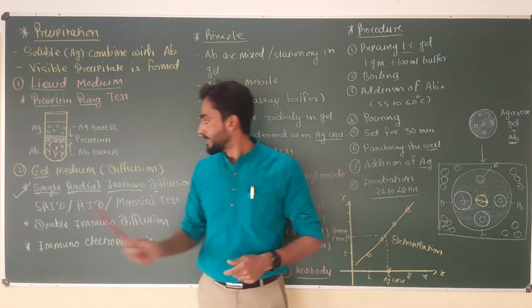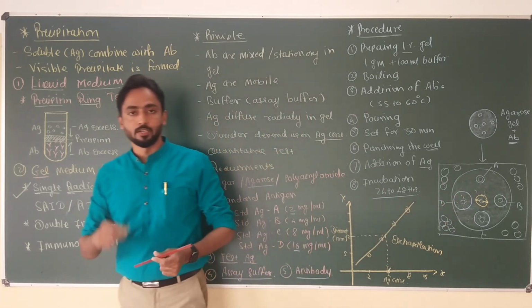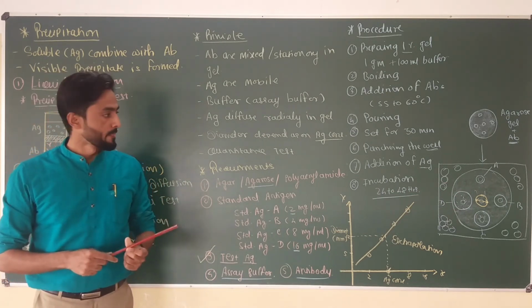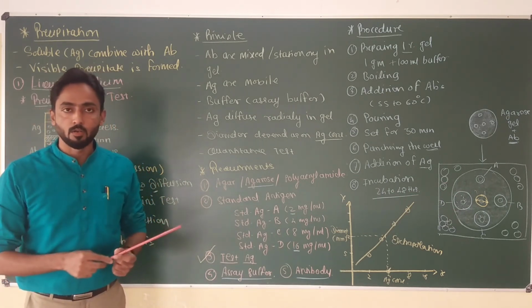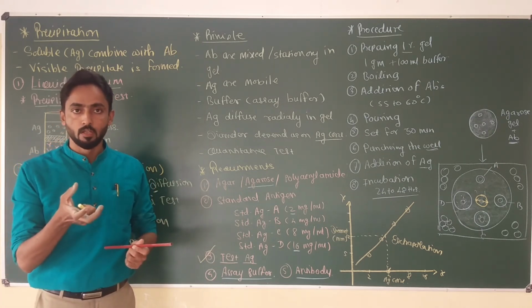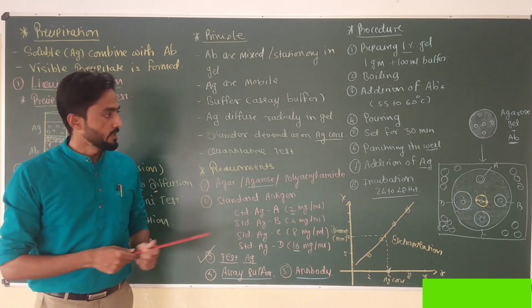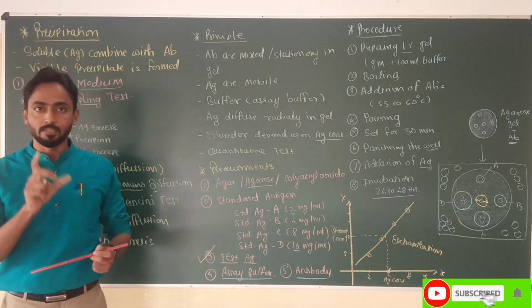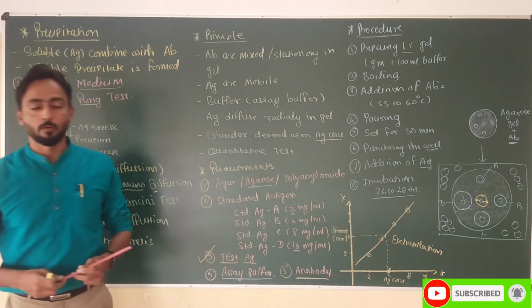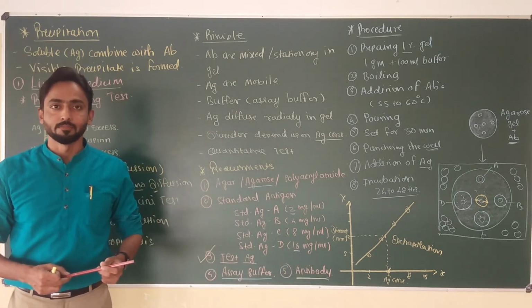So it is called the single radial immunodiffusion technique. The technique has very wide application in hematology because we can easily find out the concentration of any type of antigen from a blood sample or from a serum sample with the help of this technique. The only thing you need is an antibody specific for that particular antigen. Thank you.